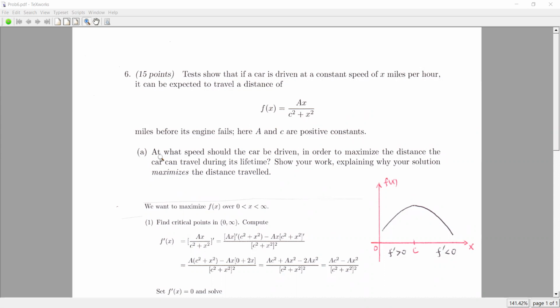Part A. At what speed should the car be driven in order to maximize the distance the car can travel during its lifetime? This part A is an optimization problem. You need to determine an x value where the function f is maximized.